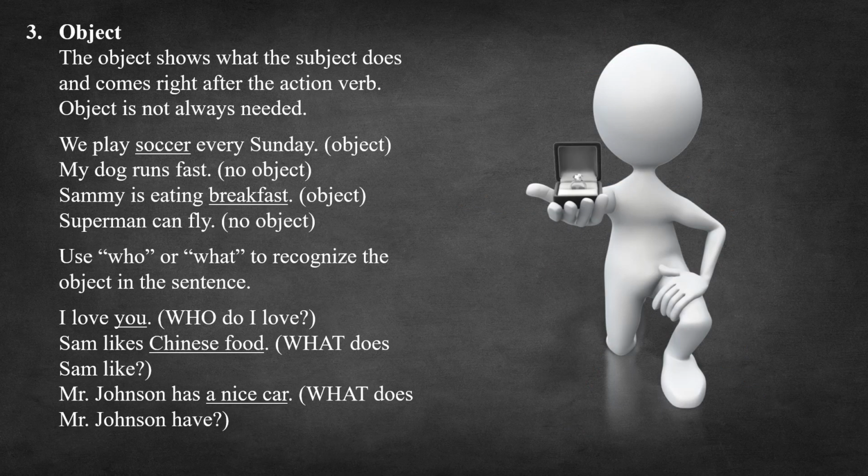The third element of a sentence is an object. The object shows what the subject does. It's not is, it's what the subject does, and the object comes right after the action verb. Action verb is not be verb, okay?